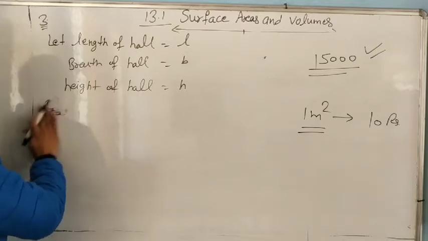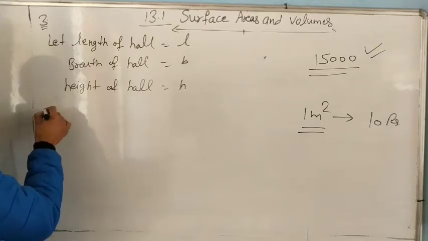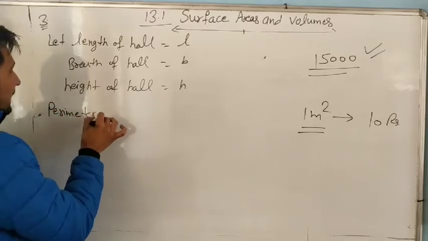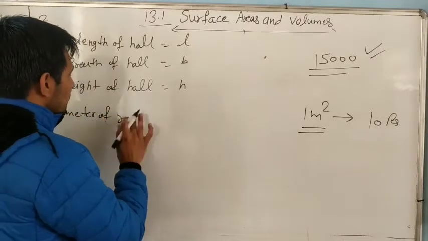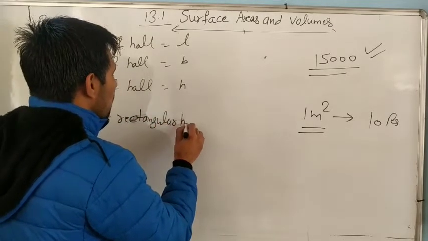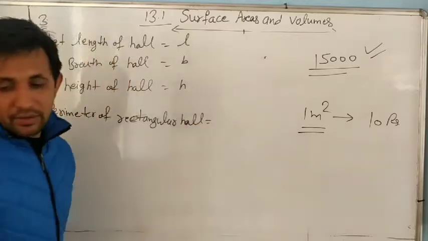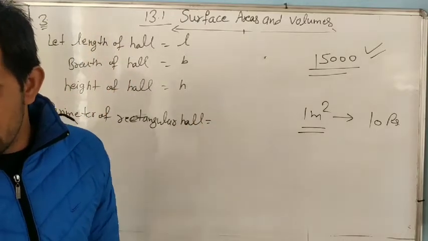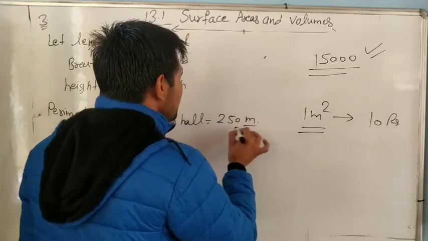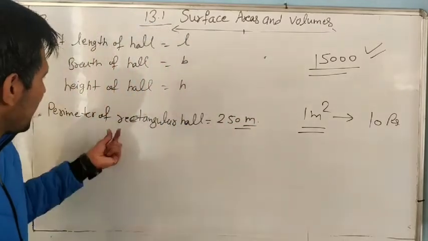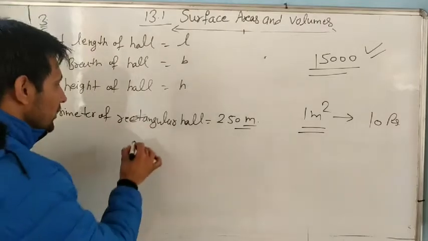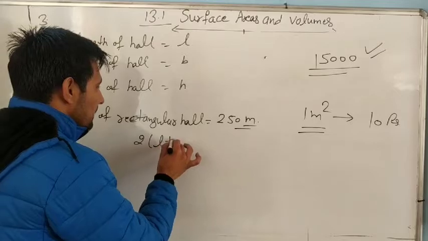In the question the perimeter of the rectangular hall is given, 250 meter. Do you know the perimeter of a rectangle? It is 2 into (L plus B).